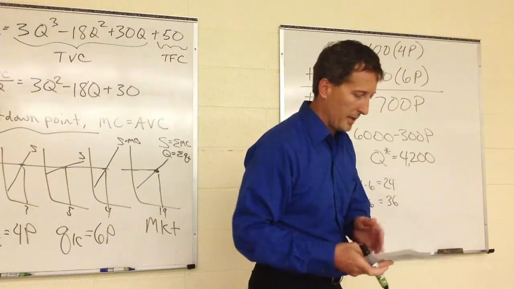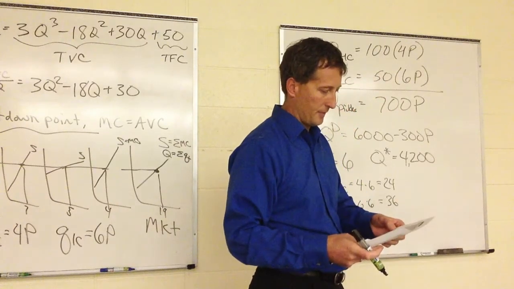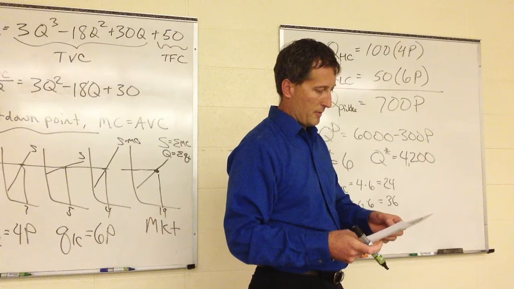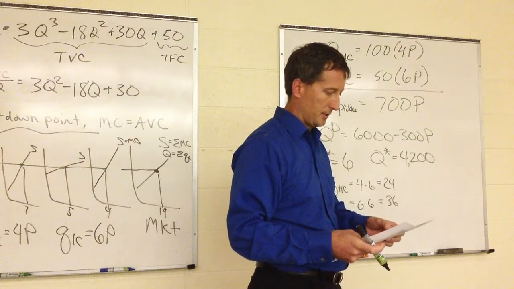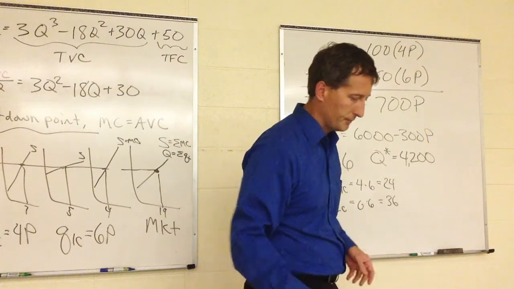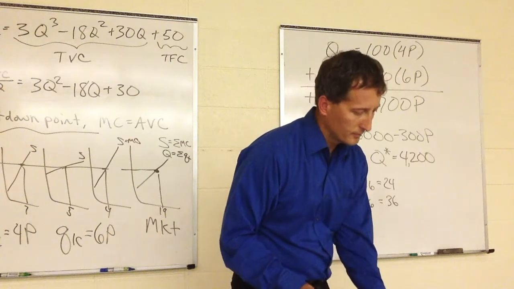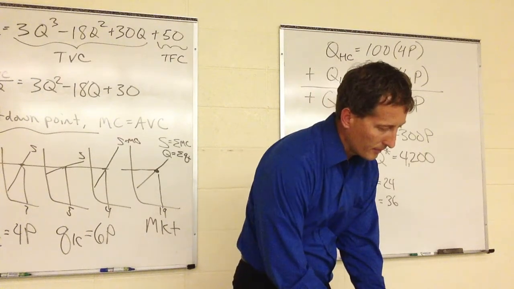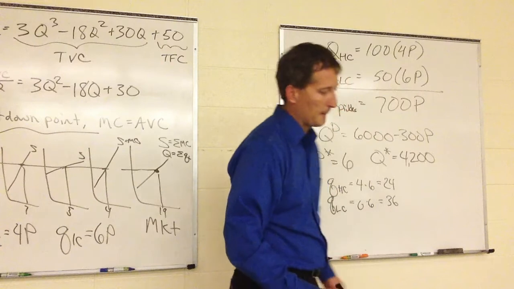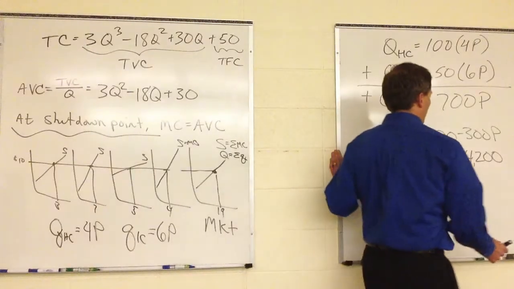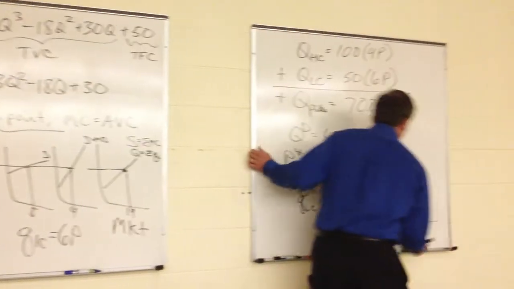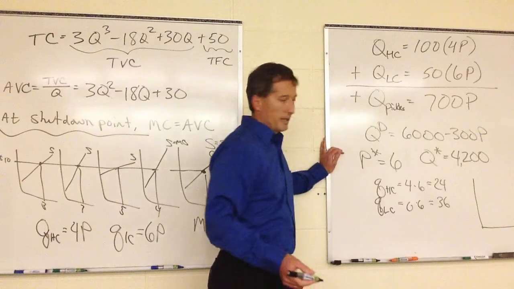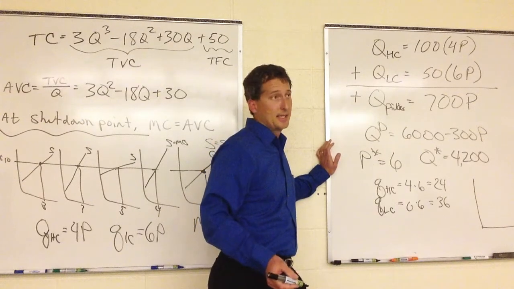All right, and then the big one, producer surplus. So part D, producer surplus. What is the choke price?